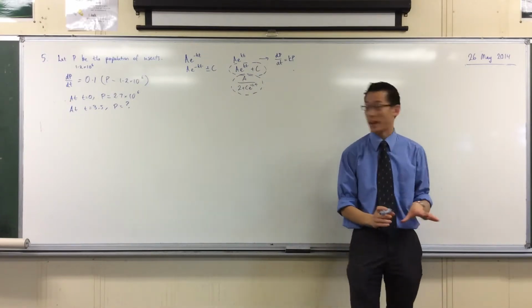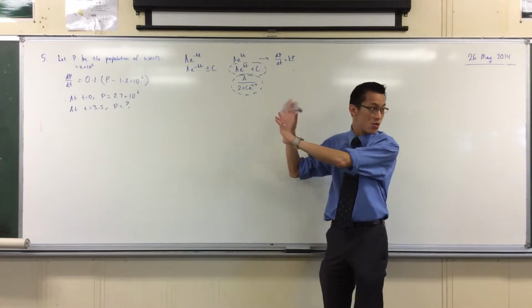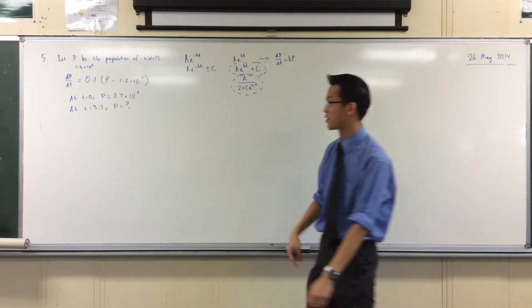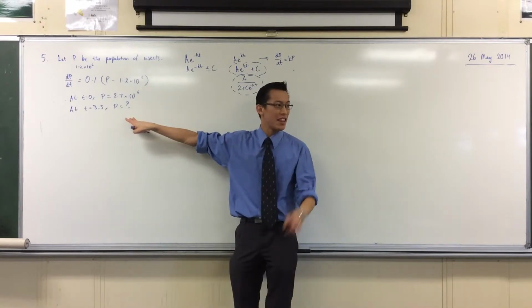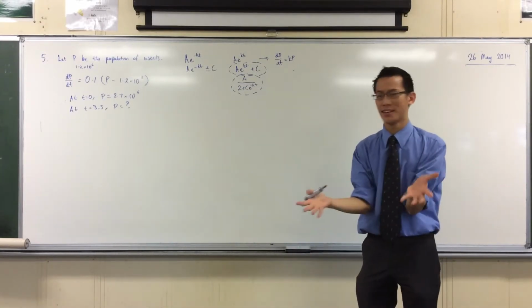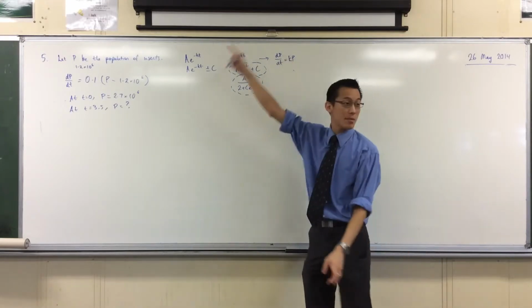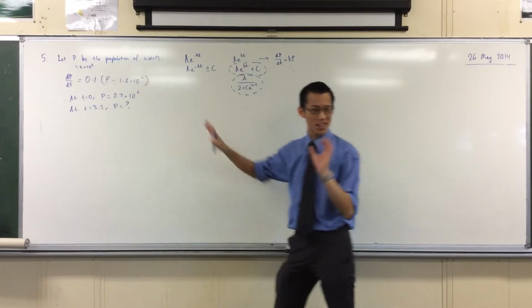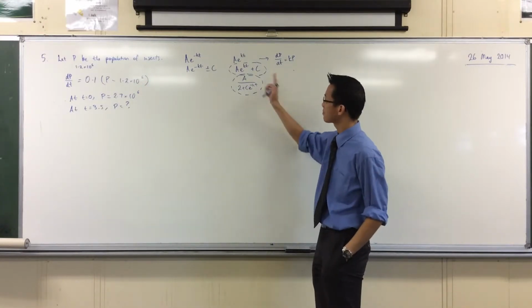So, just stop there. This is tricky. I wrote this all out so you could see what's going on in my brain, right? The question doesn't hold your hand at all. It just says, figure it out, right? And part of the reason why is because when you're in exponential growth and decay land, okay, you know it has to be one of these. There's nothing else that's going to match this kind of differential equation. So they're expecting you to be able to recognize that.